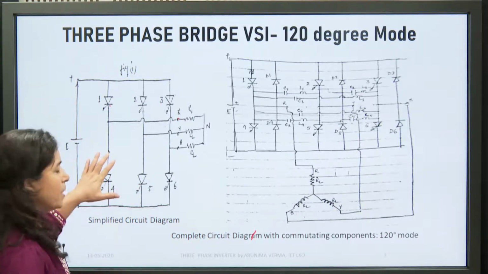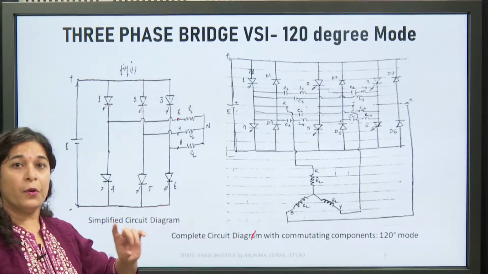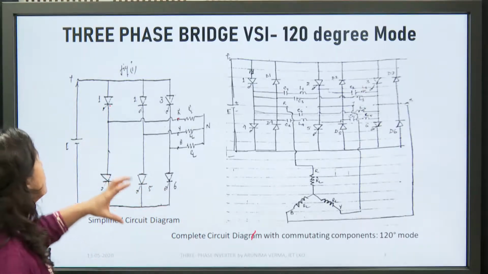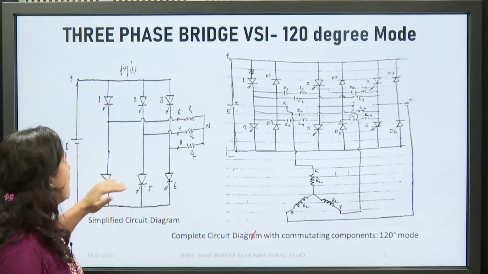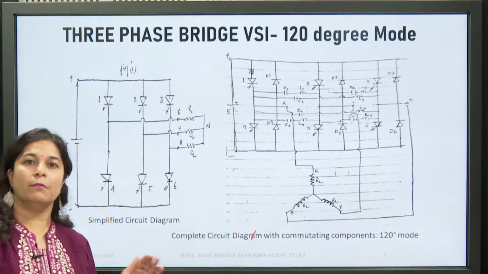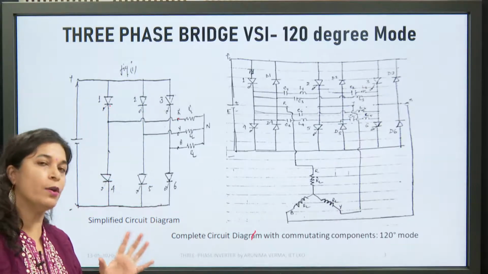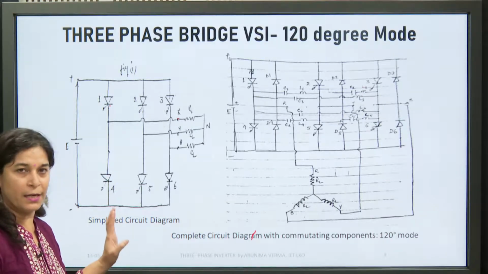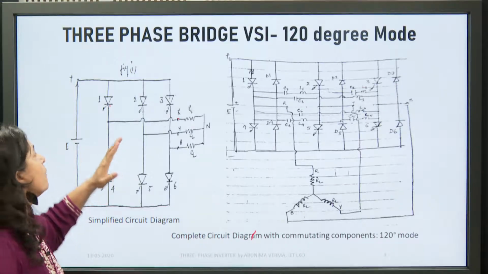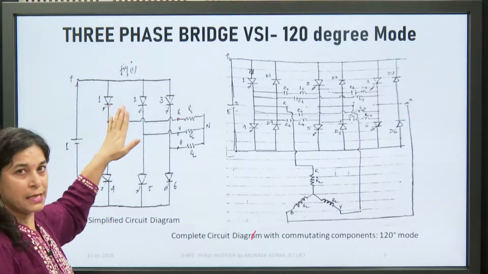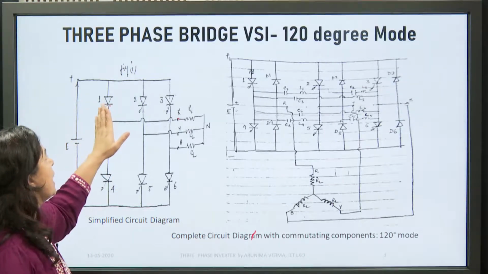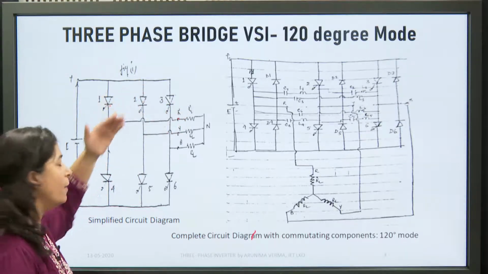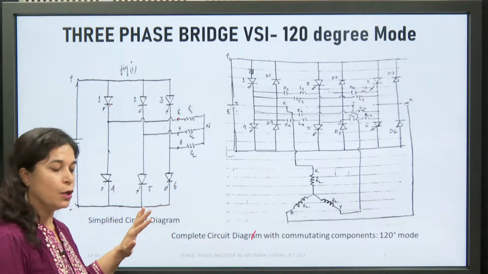Now, the most important thing that you have to keep in mind is that these SCRs are to be numbered. As you number the SCRs, you are going to fix the firing sequence for that particular circuit. For example, here I have numbered the SCRs as 1, 2, 3 in the upper half and 4, 5, 6 in the lower half.